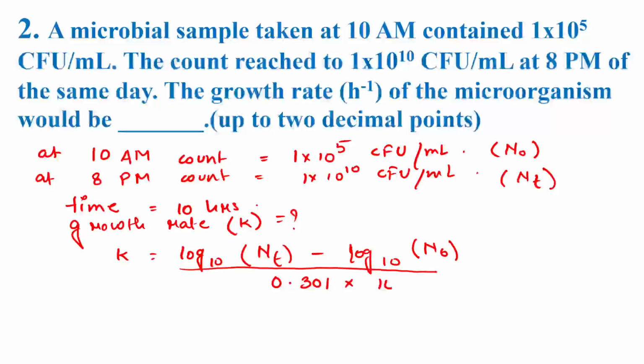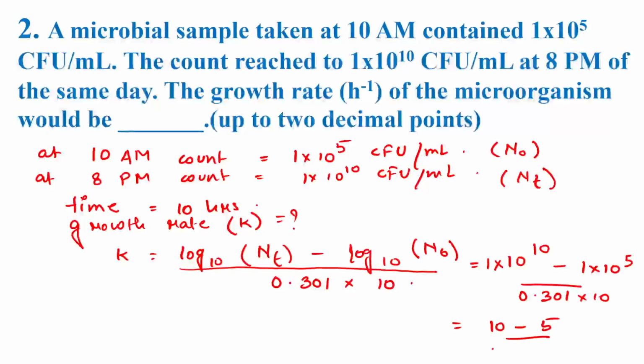So we just put the values: 10 minus 5 by 0.301 into 10, that is 1.66 per hour. So the growth rate of the microorganism will be 1.66 per hour.